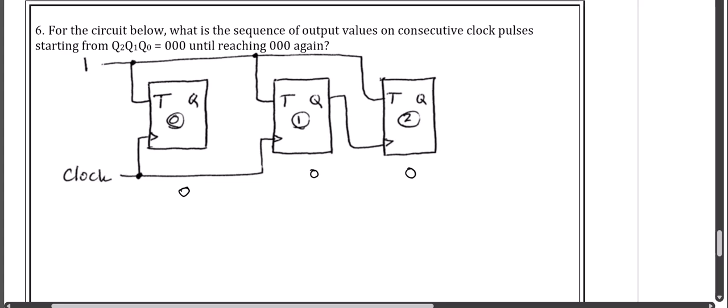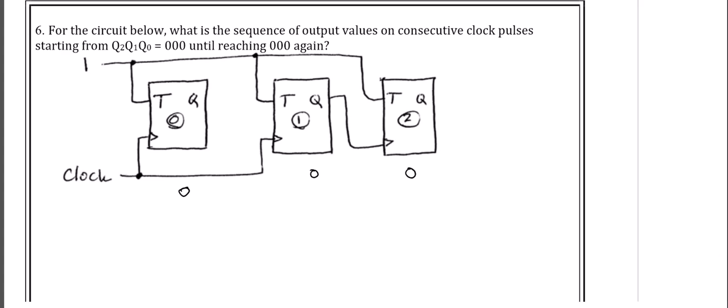Okay, for the circuit below, what is the sequence of output values on consecutive clock pulses from Q2, Q1, Q0 equals 0, 0, 0 until reaching 0, 0, 0 again? So we have the input is 1 into all of them.